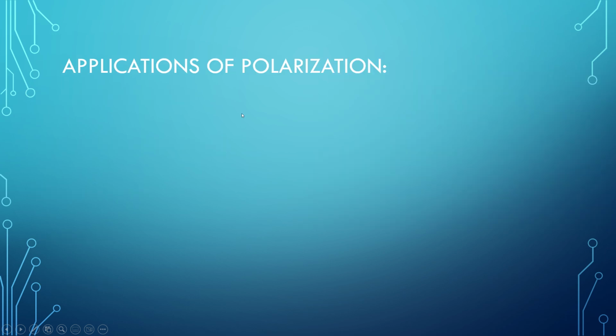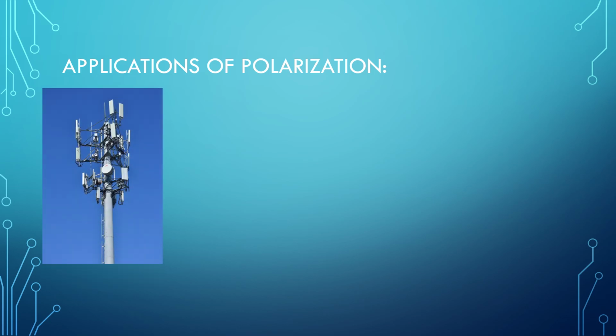So I will mention some of the applications of polarization, which is used on a daily basis, without going into its complicated details. The first application is the antenna, and polarization helps antennas in transmitting and receiving signals more efficiently.